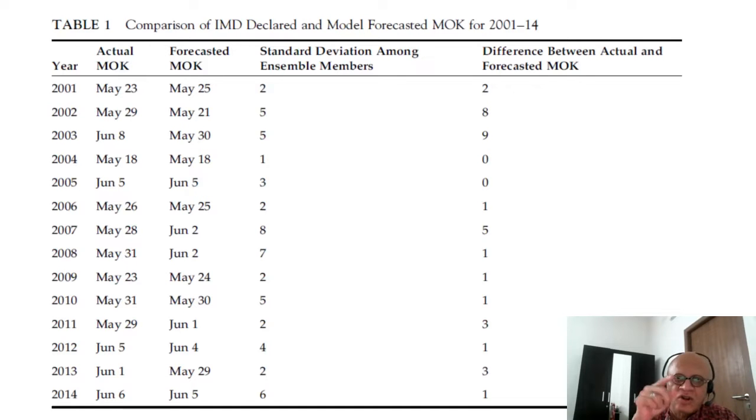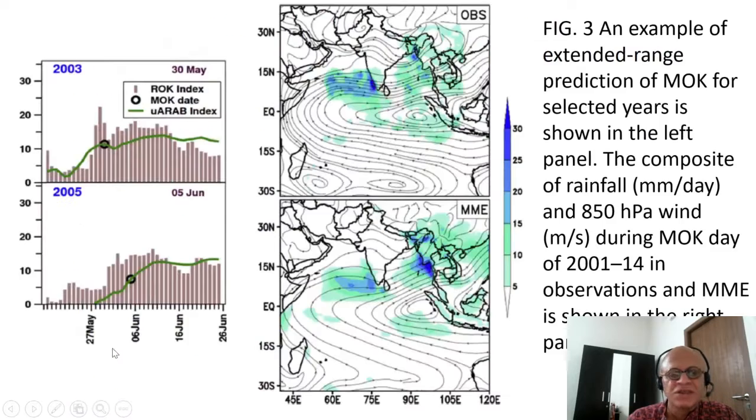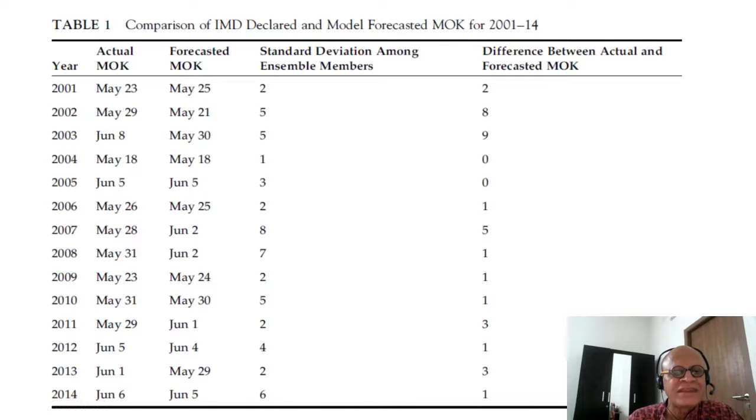Okay, the counterclockwise circulation. Okay, so looking at the actual MOK, you can see it is around June 1st, plus or minus 1 or 2, even 3 weeks, depending on whether it's very early or late. None of them is very late here, but 2019 was probably 3 weeks late, for example.